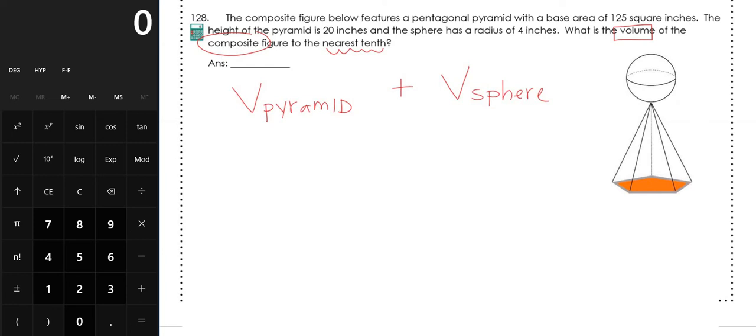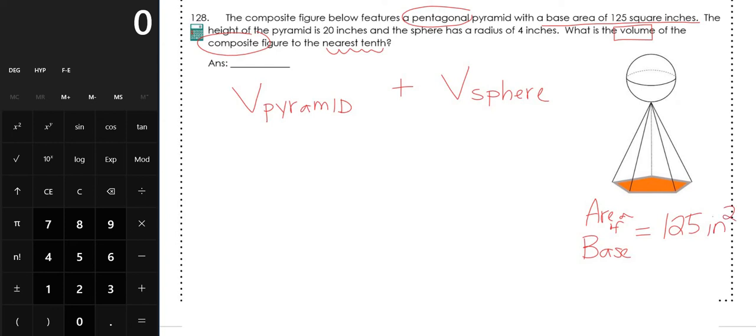They said that this pentagonal pyramid has a base area of 125 square inches. So the area of the base equals 125 inches squared.